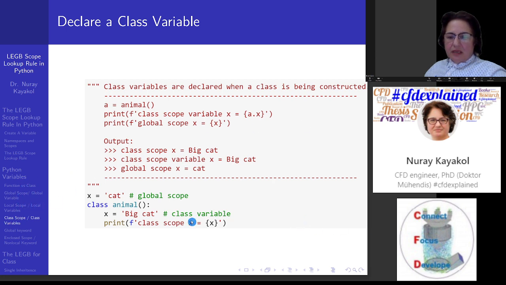How about in class? This time, instead of def, I used the class keyword, so it becomes not a function but a class. It is not different than function, but the only thing is you have to create an object, saying a is equal to animal, that's calling a class.